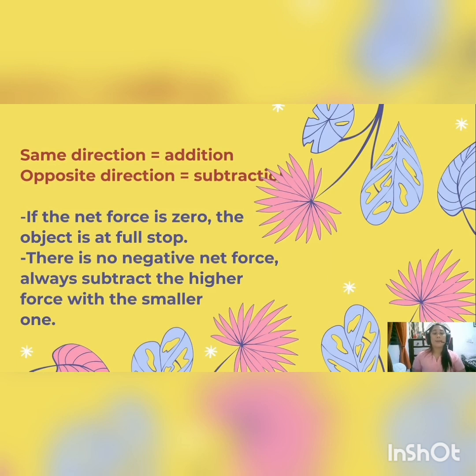But, if the forces are in opposite directions, all you need to do is to subtract them. Remember these keys. If the net force is 0, the object is at full stop. So, kapag 0 yung net force natin, yung object ay nakahinto. There is no negative net force. Always subtract the higher force with the smaller one.